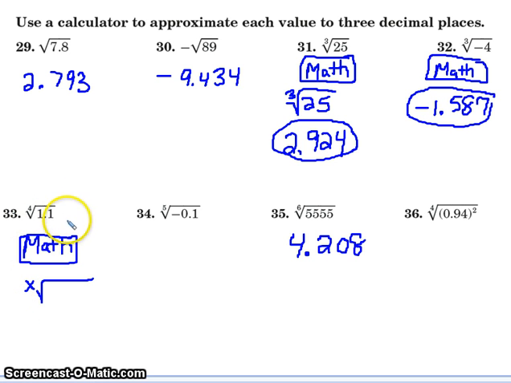So because it's the fourth root, you press 4 and then math and then the fourth root. If I press 4, math, and then mine is number 5, but yours may be different, of 1.1, then you are going to get 1.024.